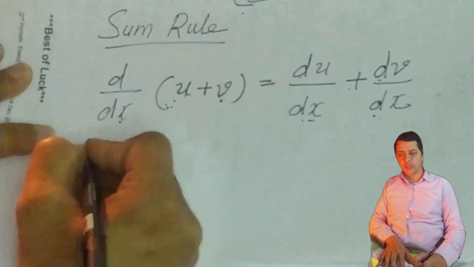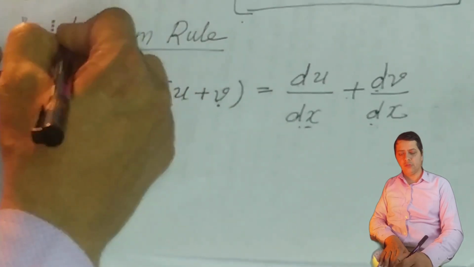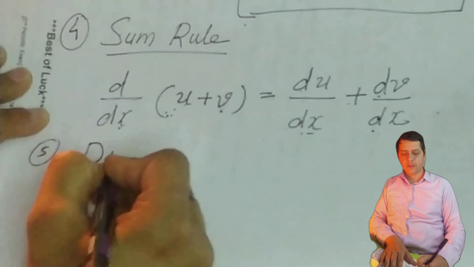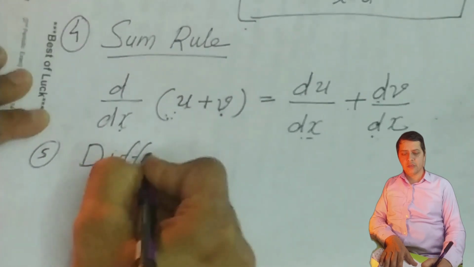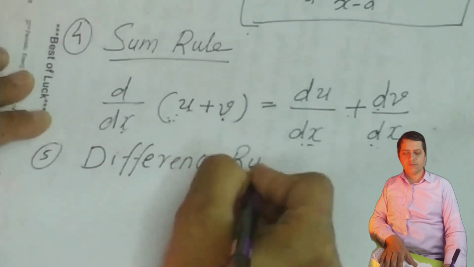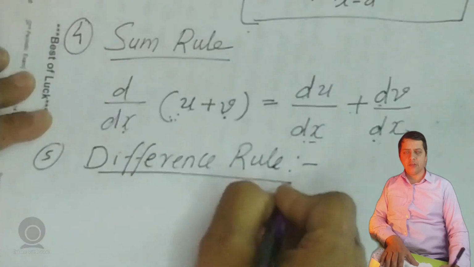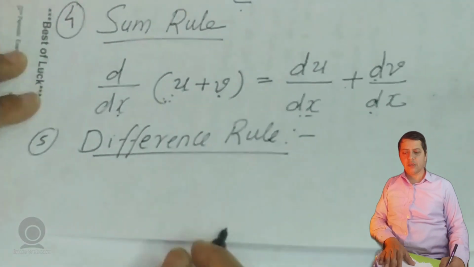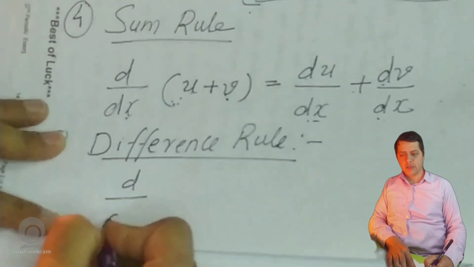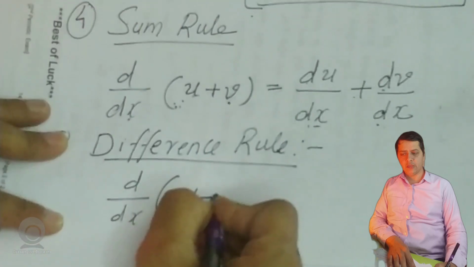Now let's go for the next one. This is fourth rule. So let's learn the fifth rule. It's difference rule. When we do some problems related to this, I think we will be very clear we are applying all these rules, knowingly or unknowingly. So that's d by dx in brackets u minus v.